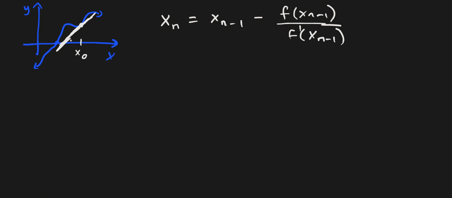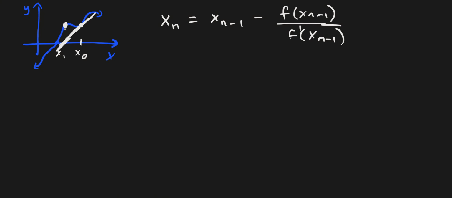We can use normal algebra and set f of x equal to 0 for the line. This is going to be our new point, x sub 1, our next estimate or next guess.